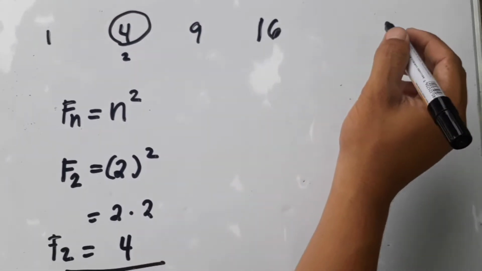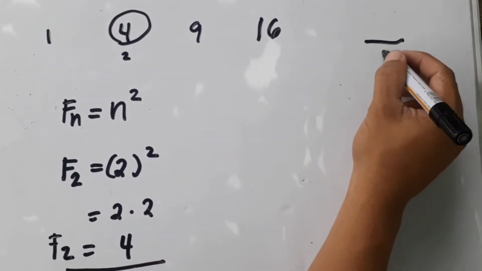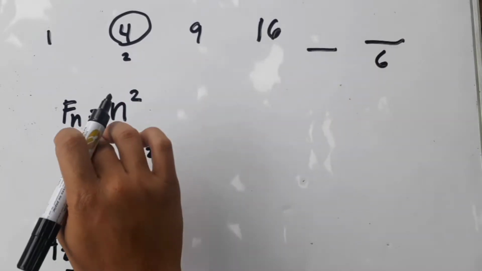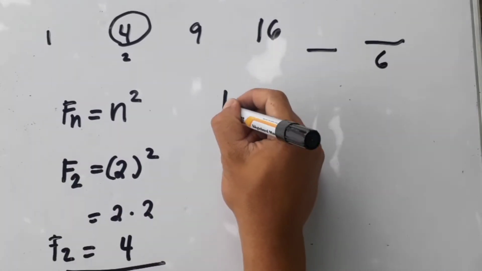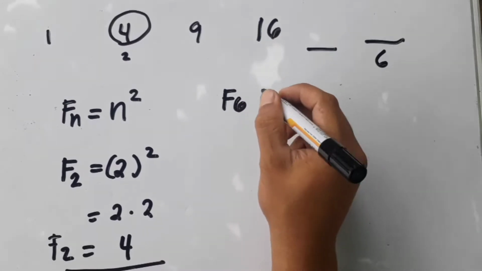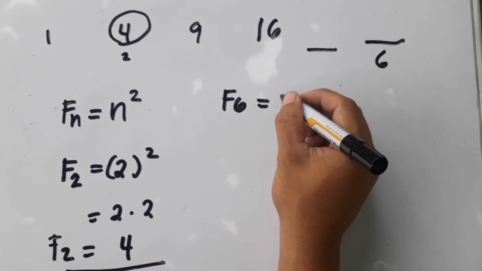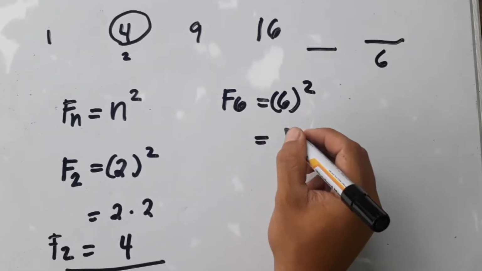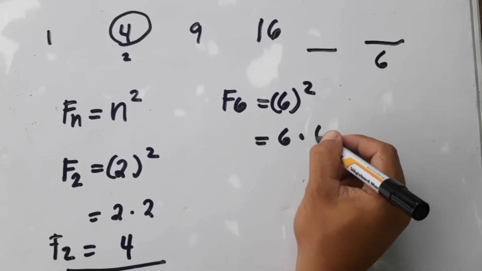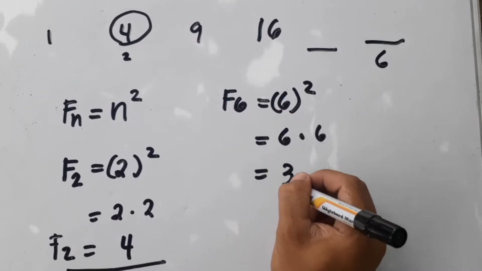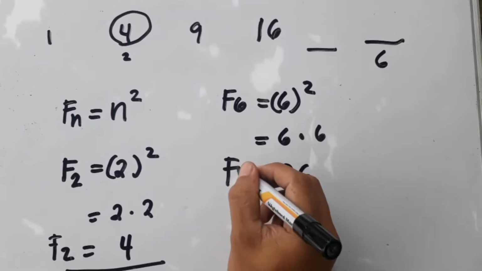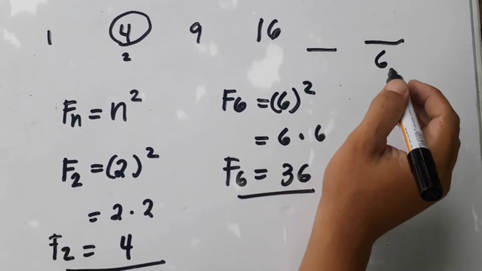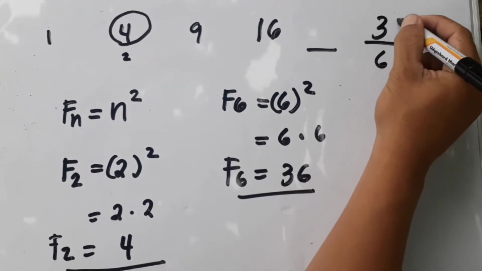Now we will try to look for the sixth term using this formula. So we have f sub 6 is equal to 6 raised to the power of 2. So we have 6 times 6 equals 36. So the value for our sixth term in this sequence is 36.